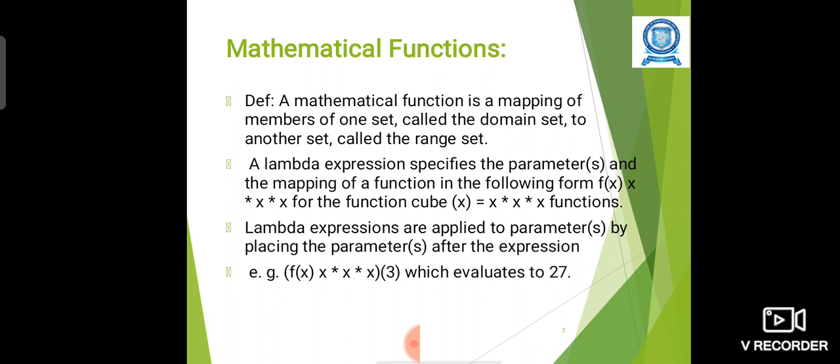For example, f(x) = x * x * x is the function, and following that there will be the parameter 3. So the parameter 3 will be applied to the variable x, and as a result of this expression we will get the result 27, that is 3 * 3 * 3.